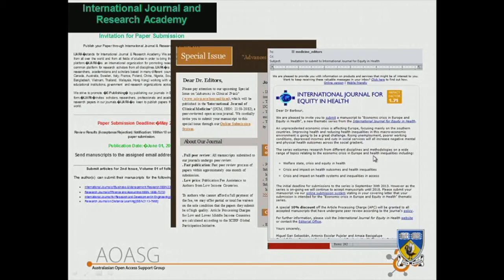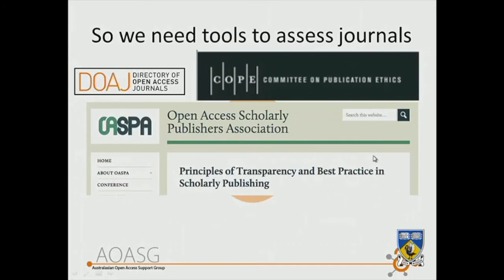So one of the things that has happened in this space is that groups have grown up to try and help authors decide where they should publish. There are some attempts to develop blacklists, so you may be familiar with some of these. This is a group of organisations, and I'll include COPE here, which is one of the organisations I'm involved with, which has attempted to come up with a way of helping authors decide where they might publish by giving them some criteria to look at.